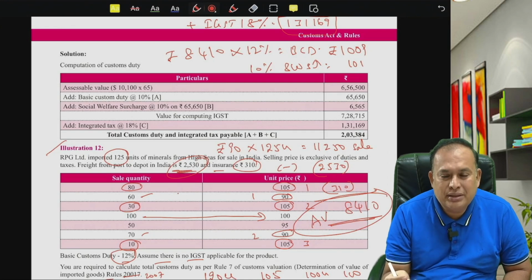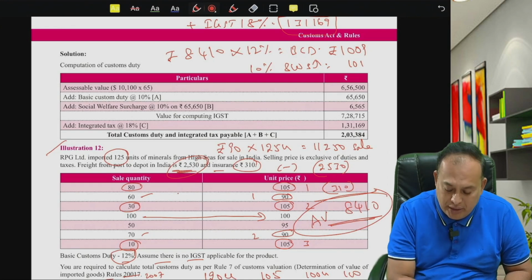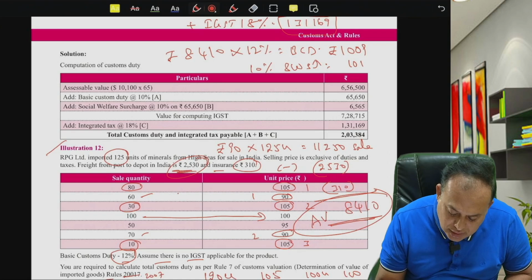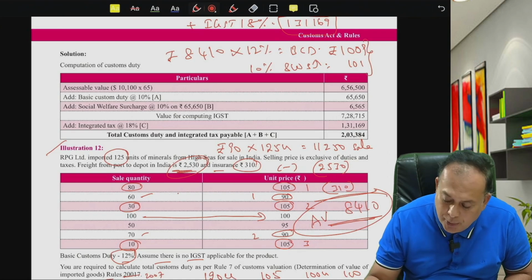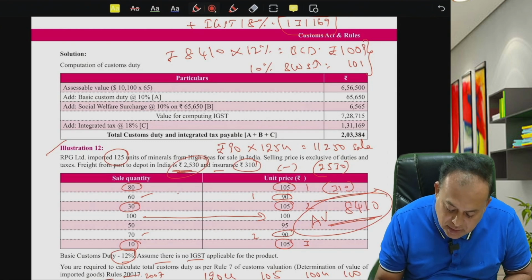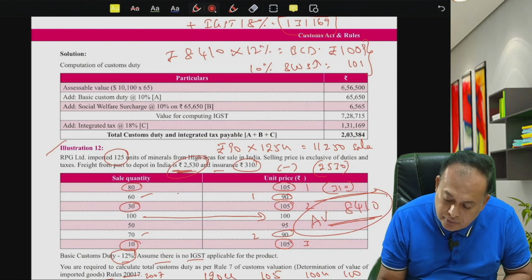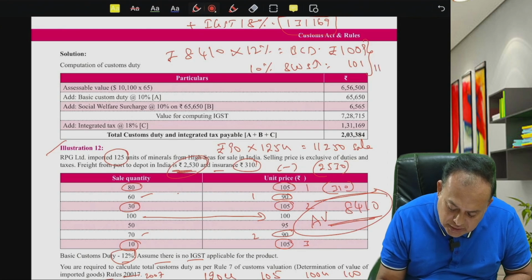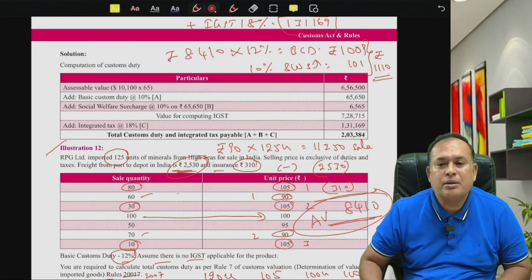Rounding off to 1 rupee, we got the total customs duty of 1,110.